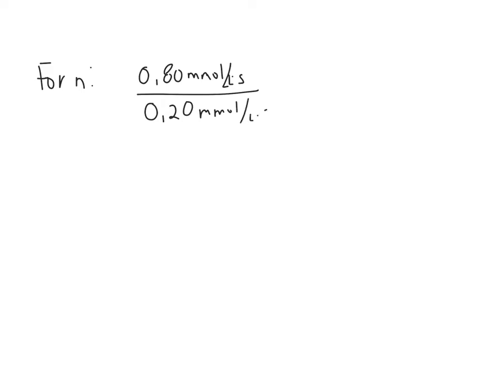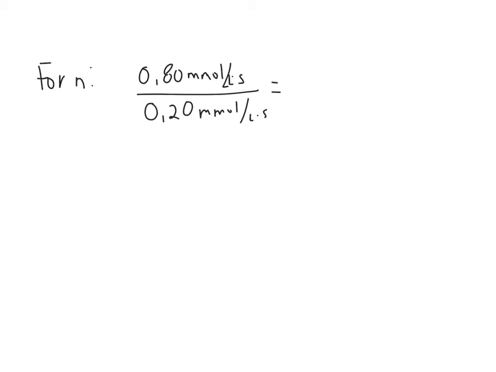So 0.80 millimoles per liter per second over 0.20 millimoles per liter per second. My constants have canceled. My concentration of bromate have canceled because they're constant.